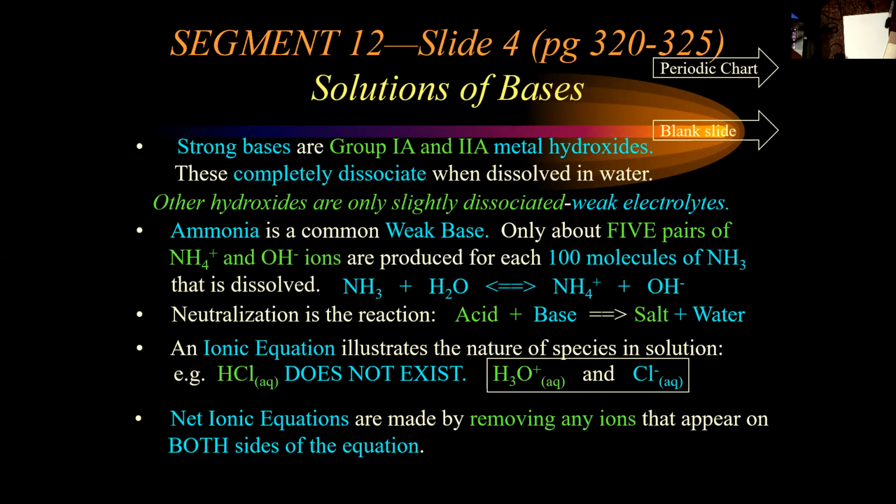And if it's a weak base, you leave it together, or a weak acid, you leave it together. Like HNO3, we would separate to H+ aqueous or H3O+ aqueous and NO3- aqueous. But HNO2 is a weak acid, and we would just write that as HNO2 aqueous.